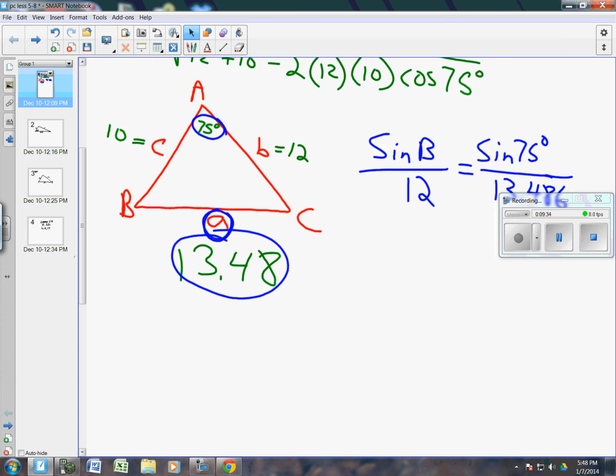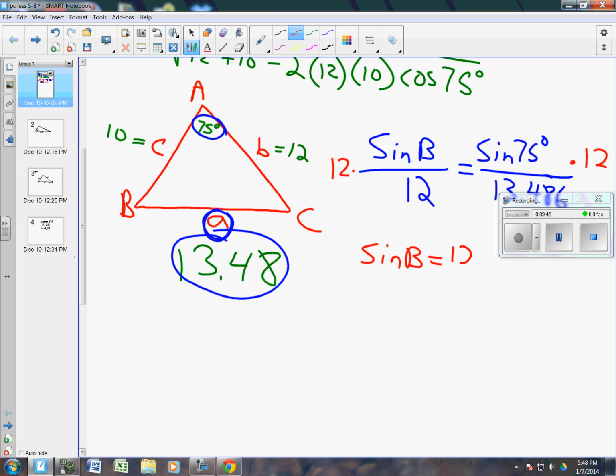If I multiply both sides of this equation by 12, I'm going to get sine of angle B equals 12 times the sine of 75 degrees divided by 13.486.